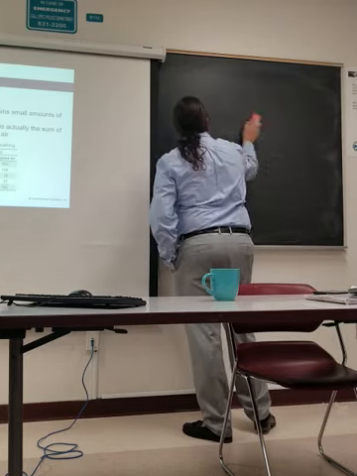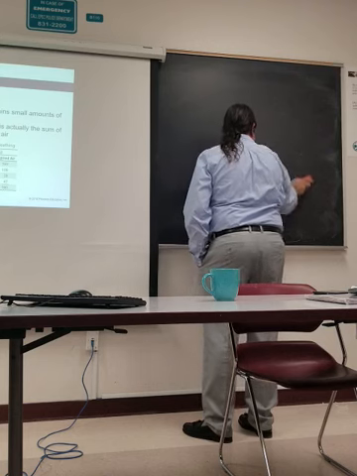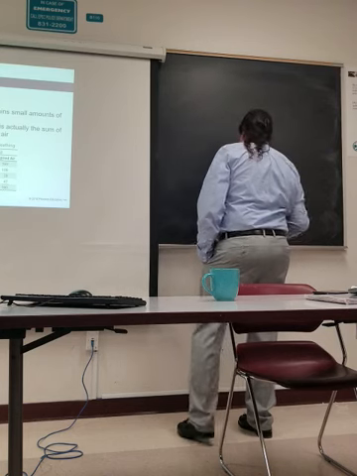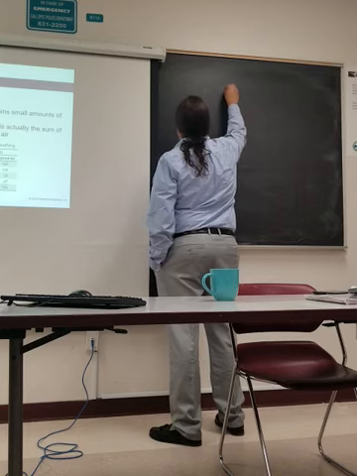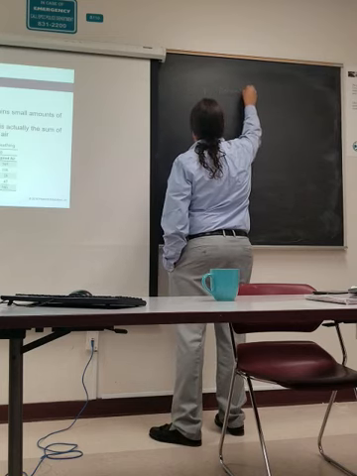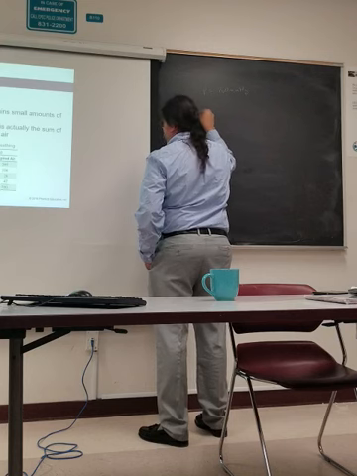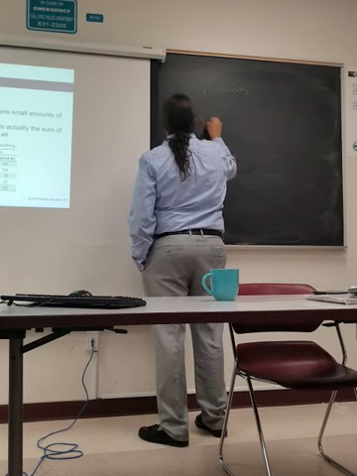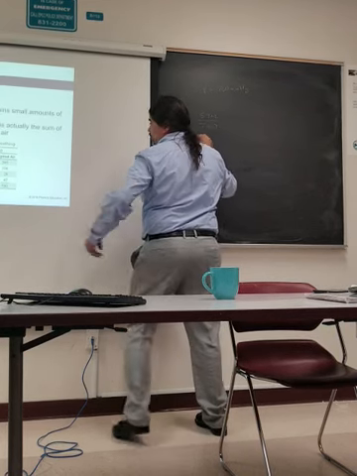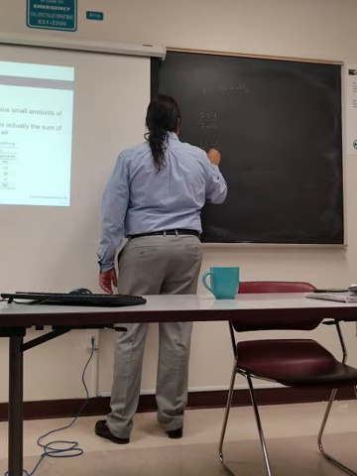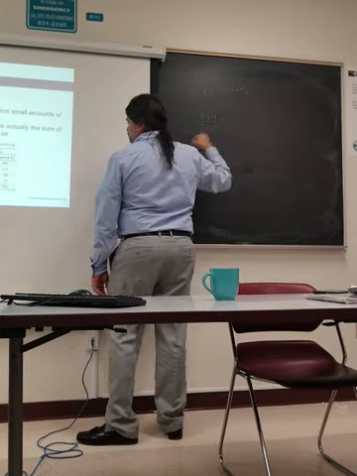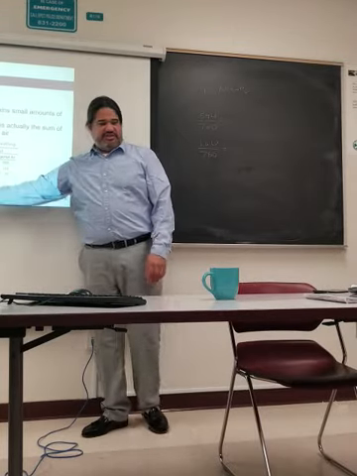So assuming we're at sea level, the pressure is 760. For nitrogen, we have 594 divided by 760. For oxygen, 160 divided by 760. So that's all.